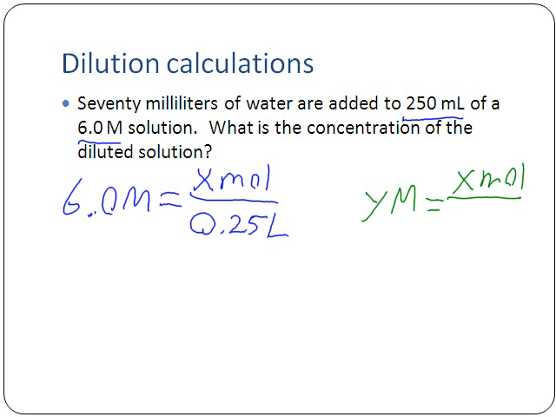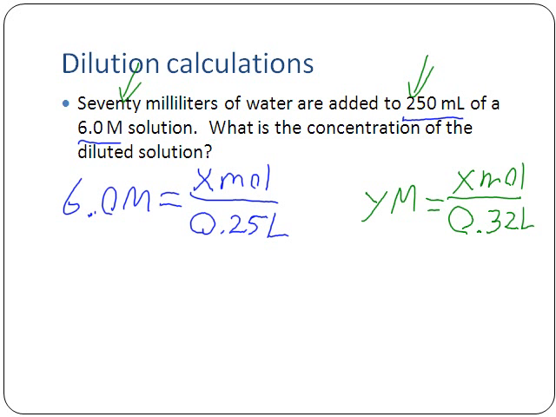And it says right here, do we know that? Well, it says we started off with 250 milliliters of the 6 molar solution, and we added 70 milliliters of water, and so that would mean our total solution would now be 320 milliliters. And so if our total solution is 320 milliliters, then we'd have 0.32 liters down here.